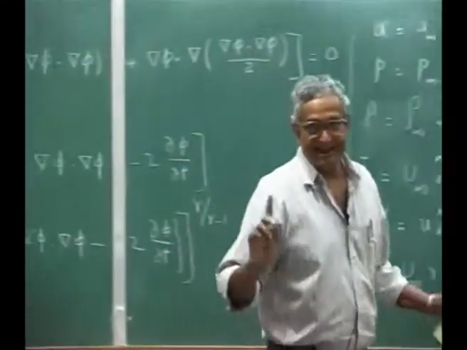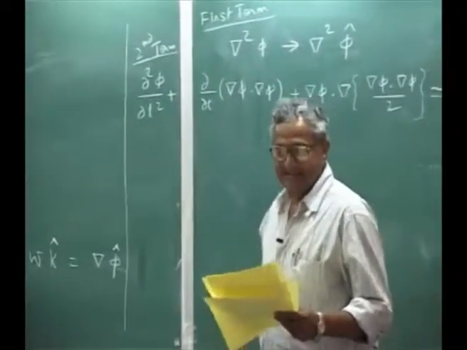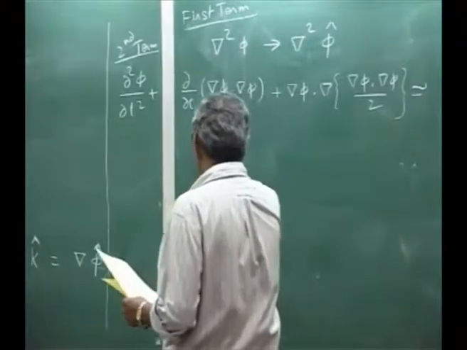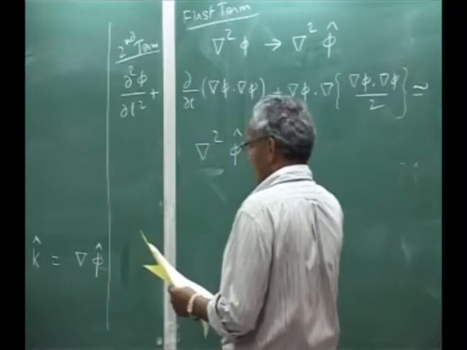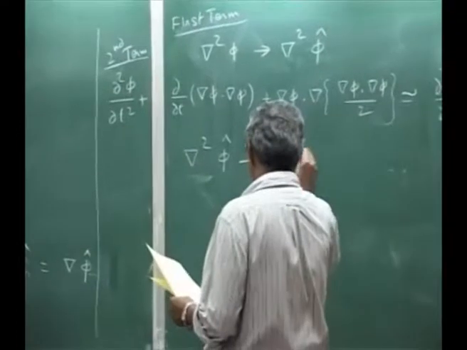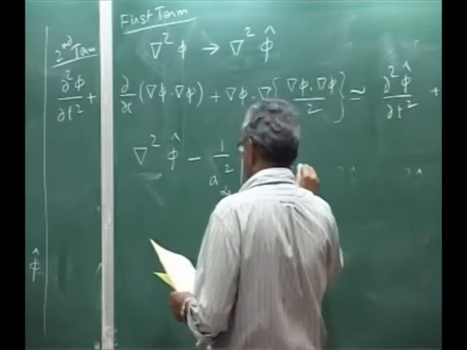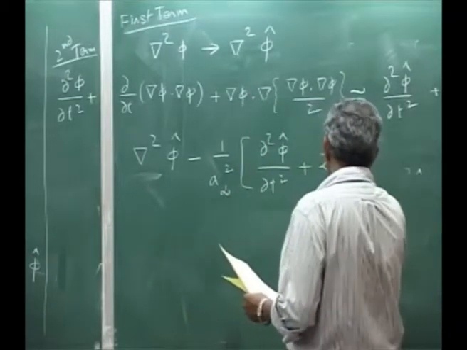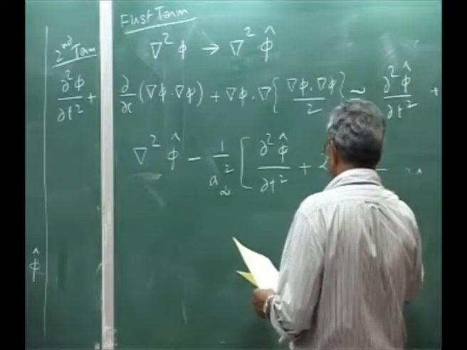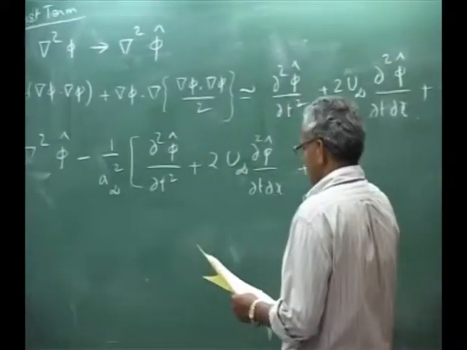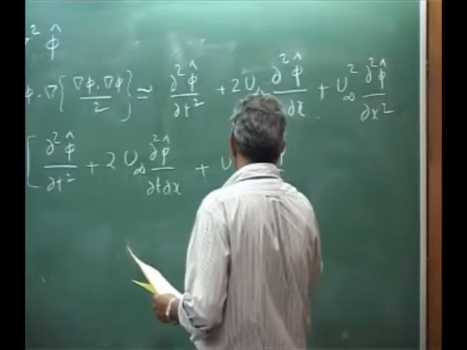So it will become nonlinear again. That is why I write a square as simply a infinity square. So my small perturbation equation will be del square phi equals 1 over a infinity square times del square phi hat by del t square plus 2 u infinity del square phi hat by del t del x plus u infinity square del square phi hat by del x square.